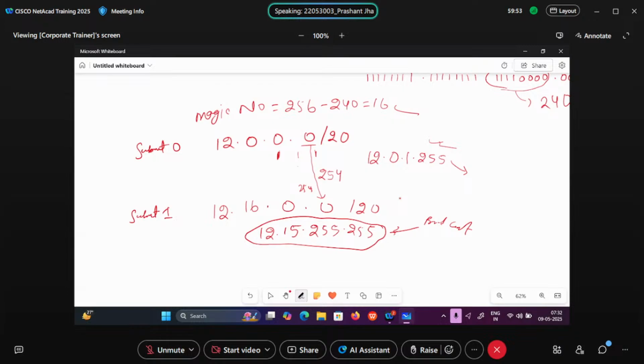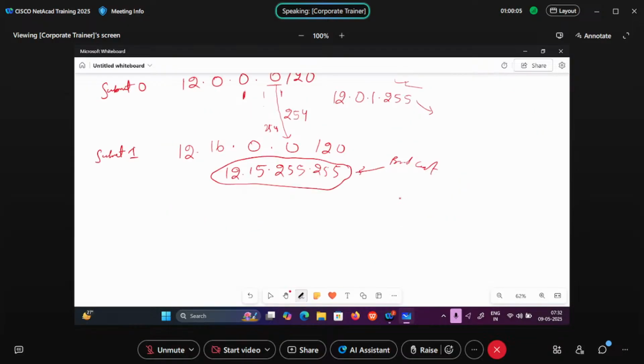Whenever we define the broadcast address, suppose my first network ID is 12.0.0.0.